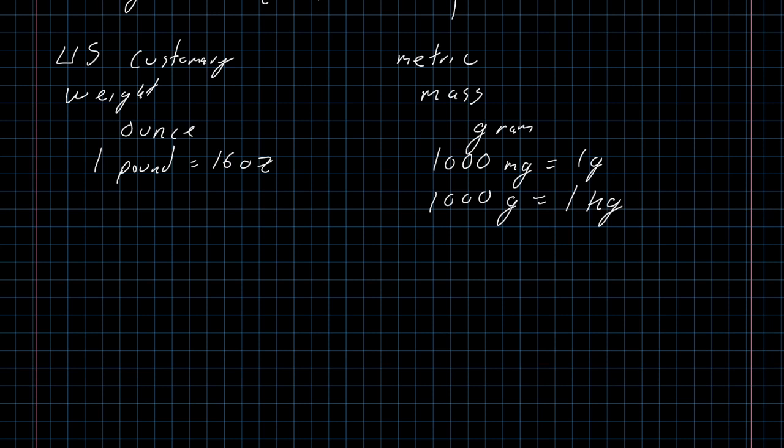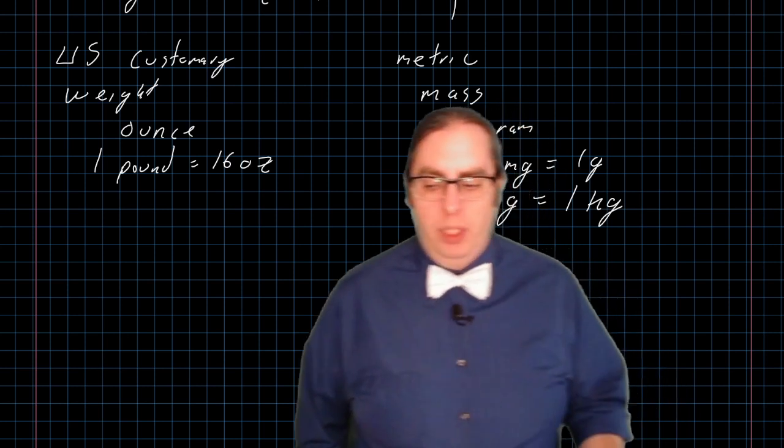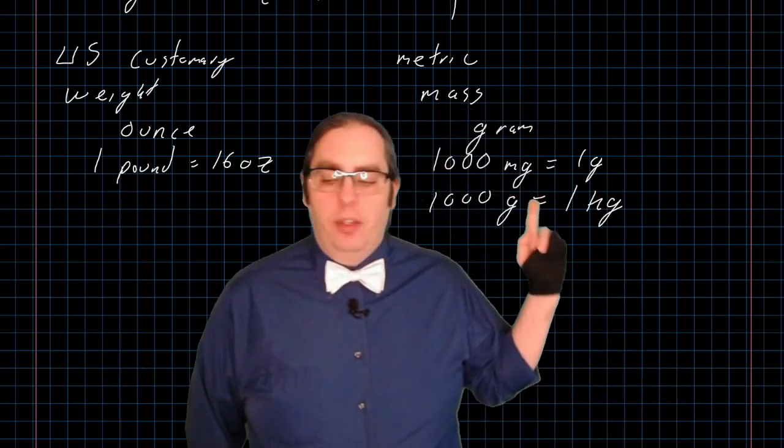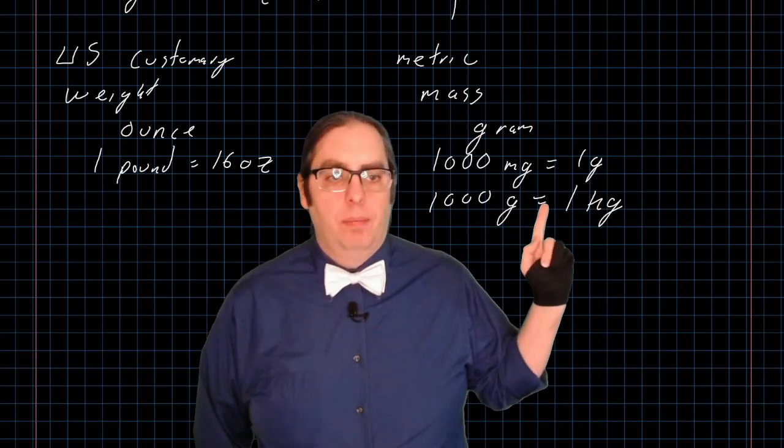All right, there is a distinction between mass and weight. Weight is an effect of gravity. You may have heard at some point in your life that you would weigh 1/6 as much on the moon as you do on Earth. Mass, on the other hand, doesn't have that distinction.